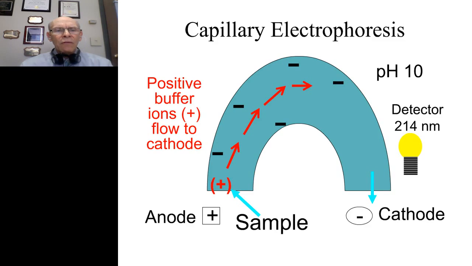Because of the negative charge on its interior walls and its high pH, this is performed at pH 10, a very strong endosmotic flow pulls the proteins past the detector. This detector measures the absorbance of a 214 nanometer signal. This is used because this is the wavelength at which peptide bonds absorb, thereby identifying the protein.